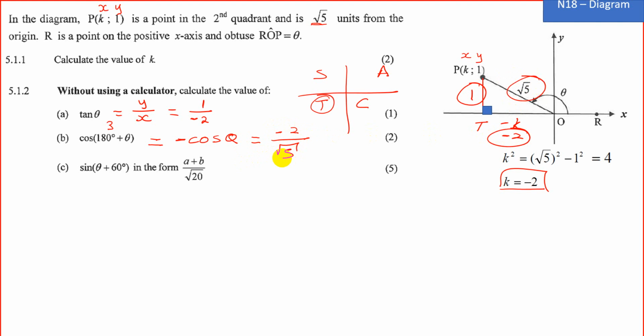We're going to the third question, which seems to be a little bit more of a challenge, and it says find sine of theta plus 60 in the form of a plus b all over root 2. So we're going to use our compound angle formula to split off sine of theta plus 60. If we use the compound angle formula for sine, you'll know that it's sine cos plus cos sine. So the angle we're using is theta, and we're using 60.